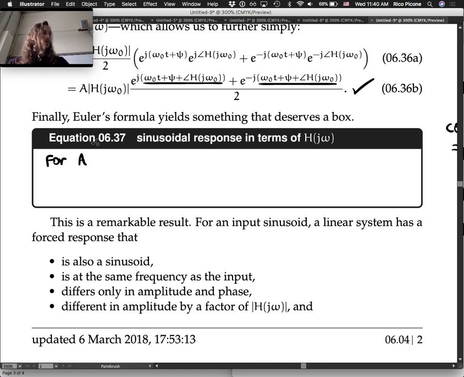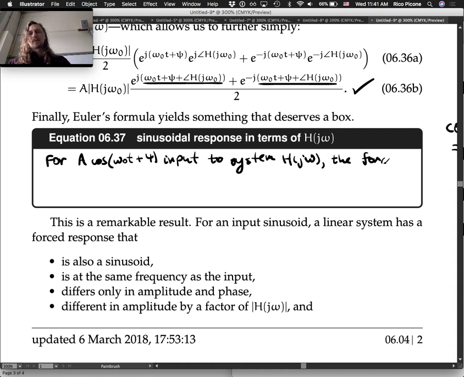Just reminding us how we got here: for a cosine omega naught t plus psi input to a system with frequency response function H of j omega, the forced response is y of t equals A, so the original amplitude shows up.